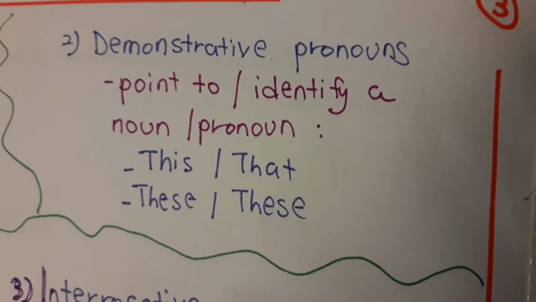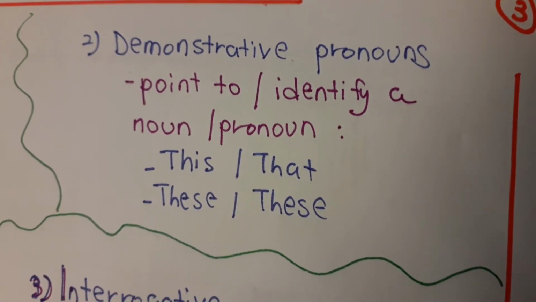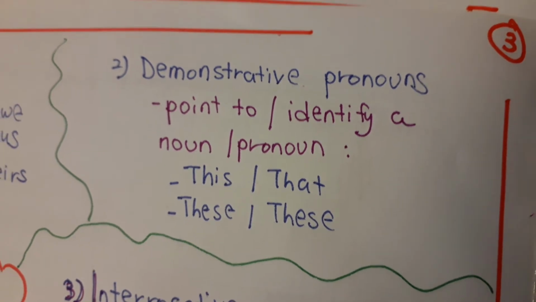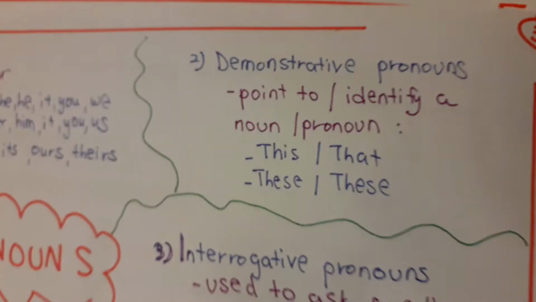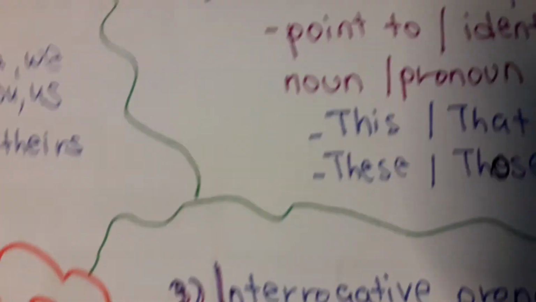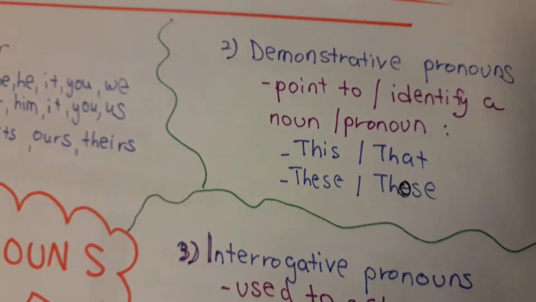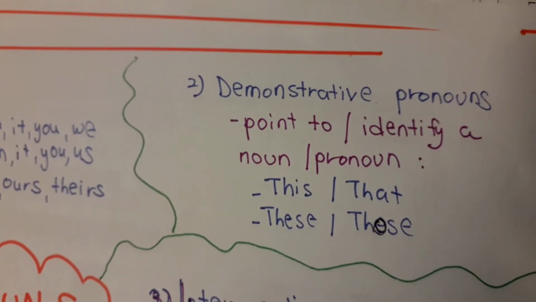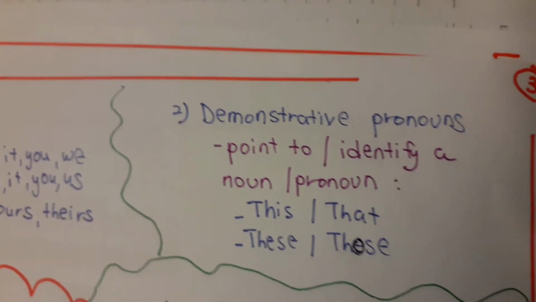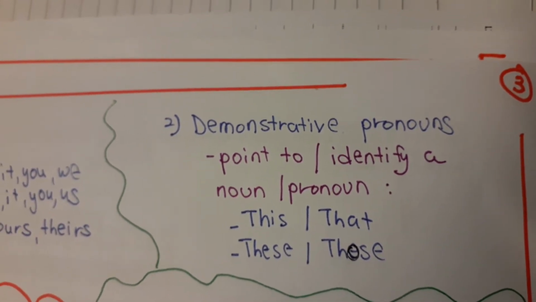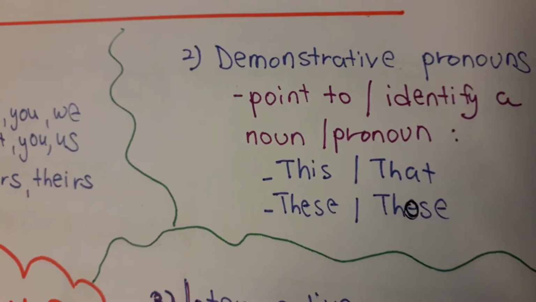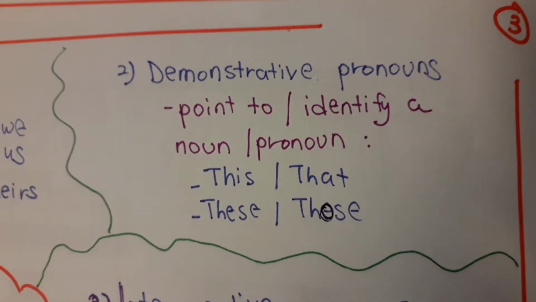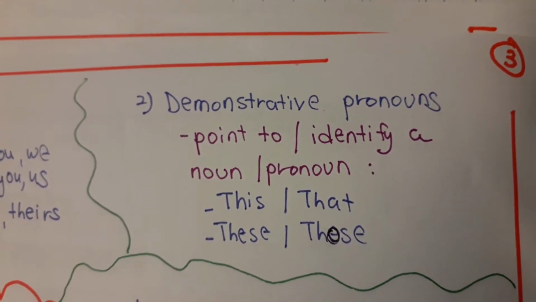Examples of demonstrative pronouns are these words: this and that, these and those. Right, so this is singular or uncountable, and that is for singular or uncountable items, whereas these and those are for plural items.